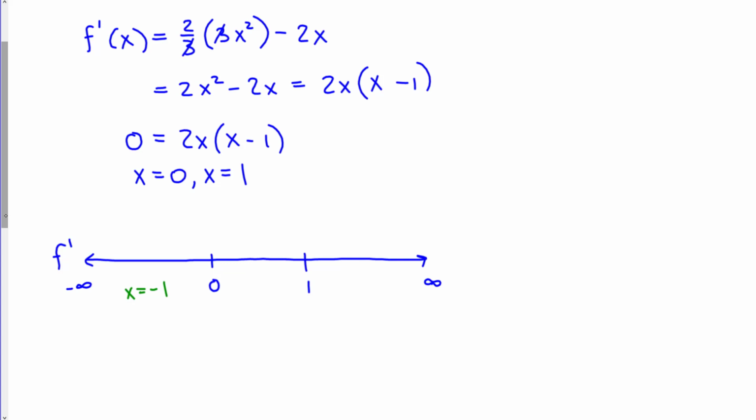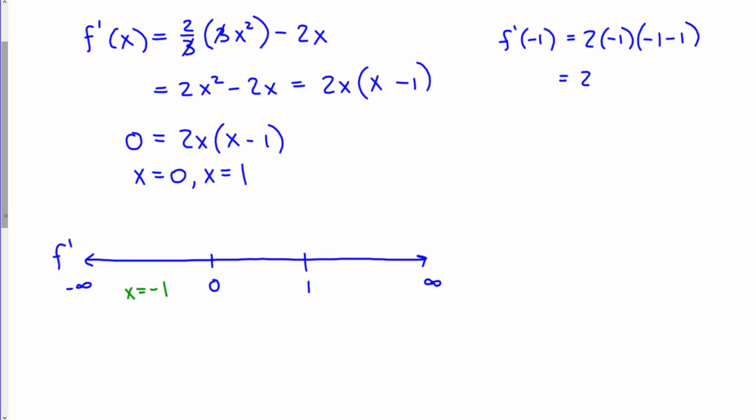So to find out, I need to do a test and just find out what the first derivative evaluated at negative 1 is. So the first derivative is 2 times the input value times the input value minus 1. So negative 1 minus 1.